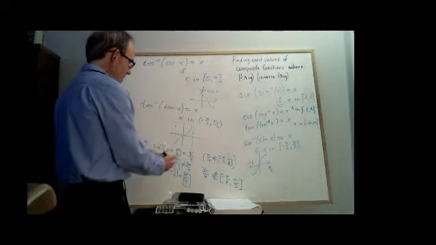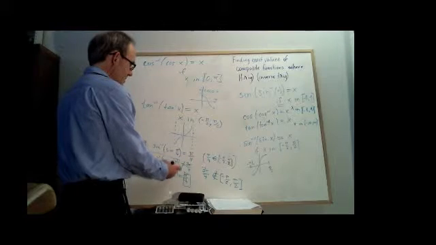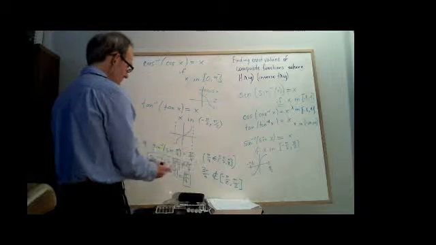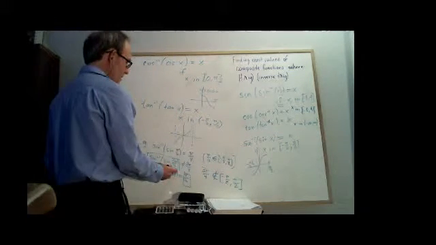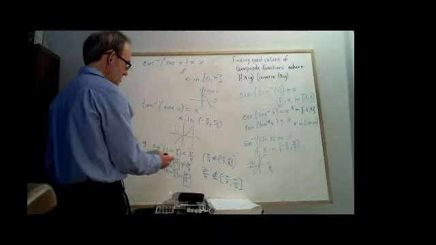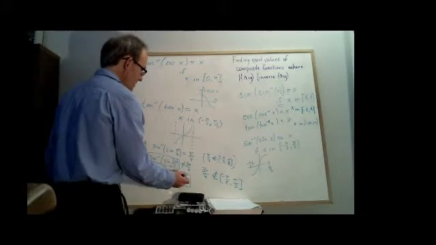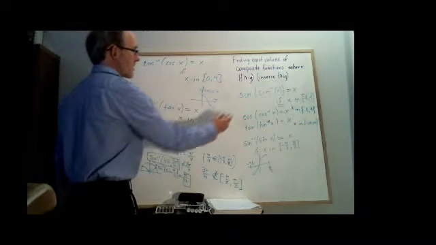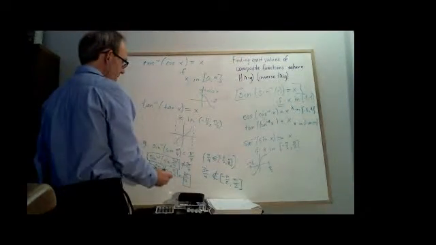To get the correct thing, you replace the argument here with another angle that will be in this restricted domain, and this angle has to be such that the sine of that angle is the sine of the original angle, so it doesn't change the value of the sine function. Then once you get that in the right range, you do the calculation by this identity here. It's equal to the x that you had inside.